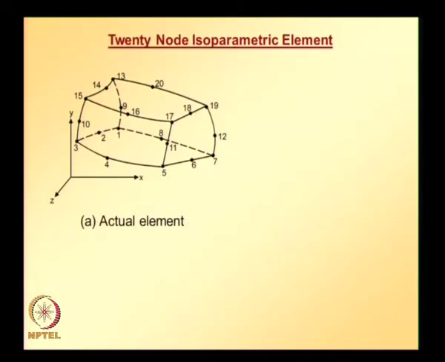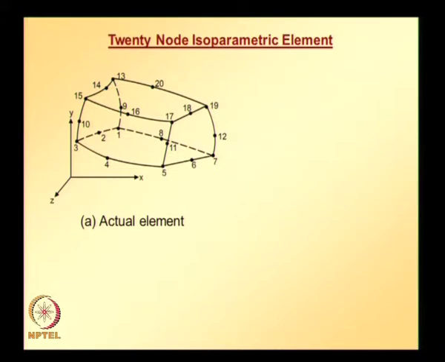So, this is a 20 node isoparametric element with curved edges, and similar to what we have seen so far, element equations are derived using the isoparametric mapping concept. For that we require a parent element.